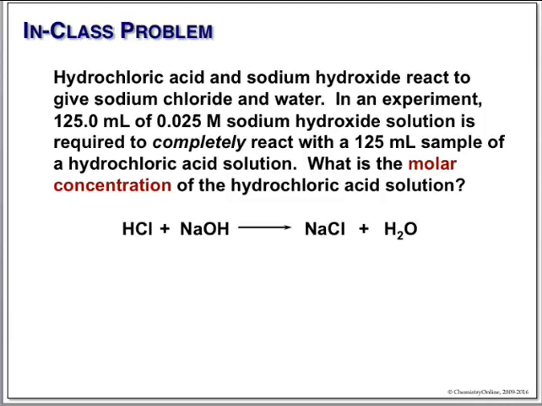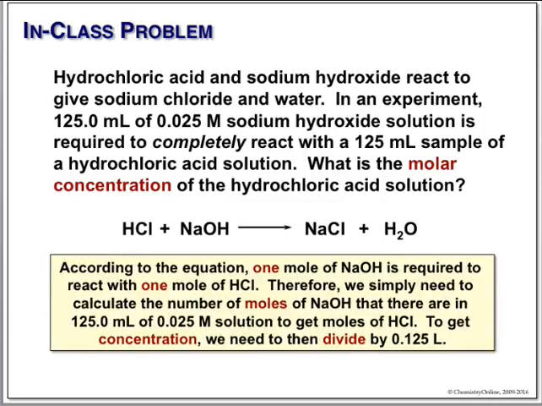What's the concentration of our HCl solution? Well, we look at our equation. 1 mole of sodium hydroxide, 1 mole of HCl, right? Now we look at our problem. We have here a concentration, moles per liter, and we have a volume. It's in milliliters, but we can do liters, that's okay.